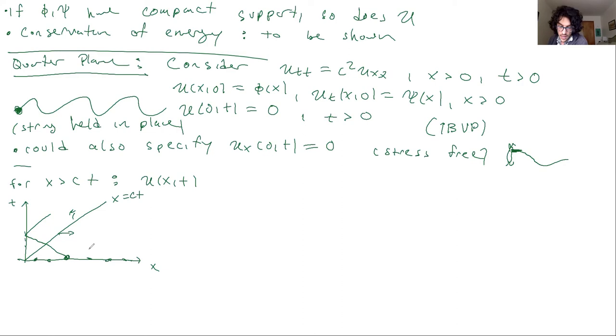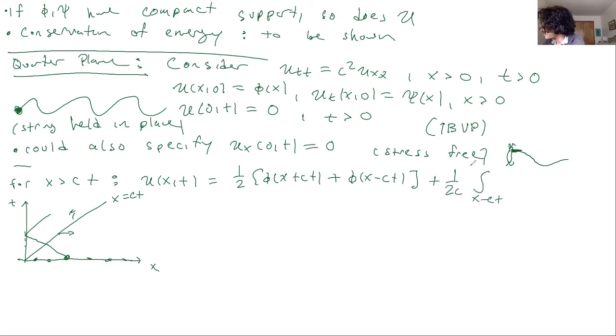So for x greater than ct, as I was saying, we just have D'Alembert's formula again. Write it down again: a half of phi of x plus ct plus phi of x minus ct, plus 1 over 2c times the integral from x minus ct up to x plus ct of psi of y dy.